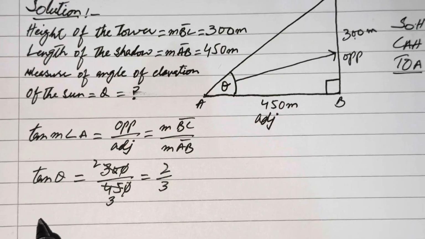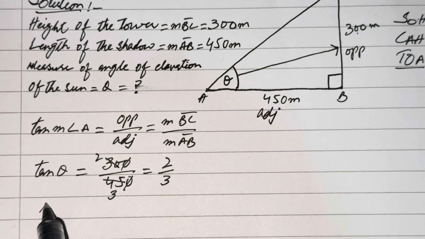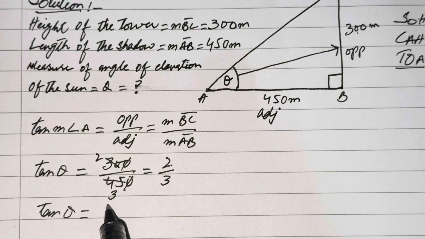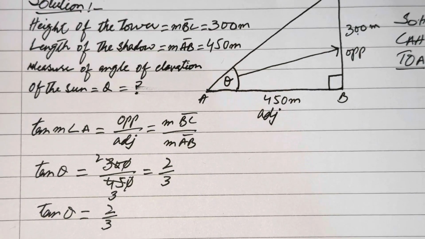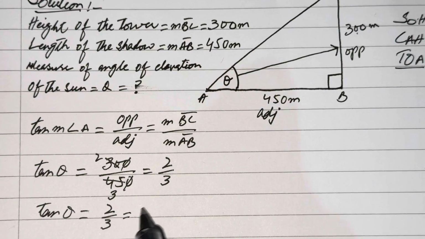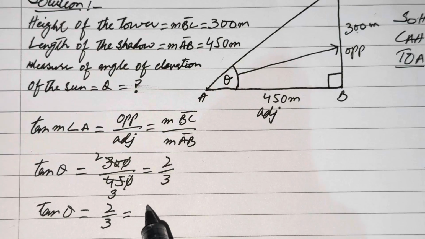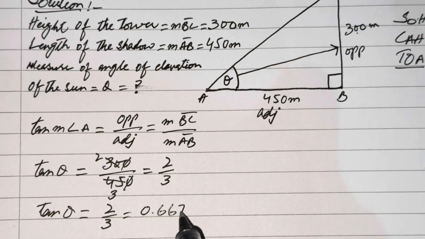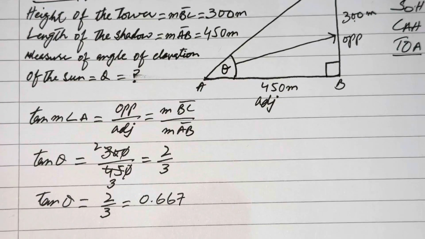So tangent theta will be equal to 2 over 3, and if you divide 2 by 3, that can be written as 0.667 by using the calculator.